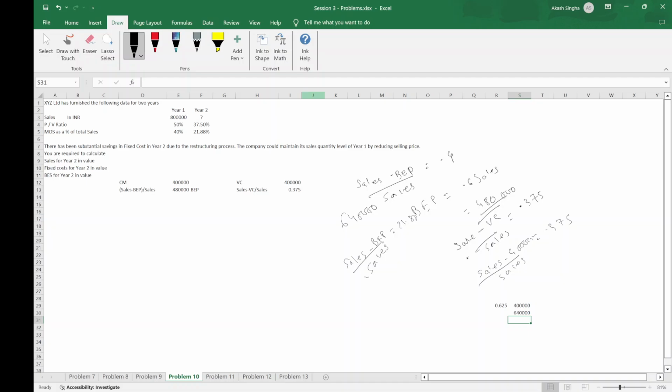So if we calculate it, it will be 1 minus 21.88, which is 78.13%. So BEP will be 78.13% of sales. Sorry, what was our sales amount? 6 lakh 40,000, right? Okay, this into this. So our new break-even point is this amount.